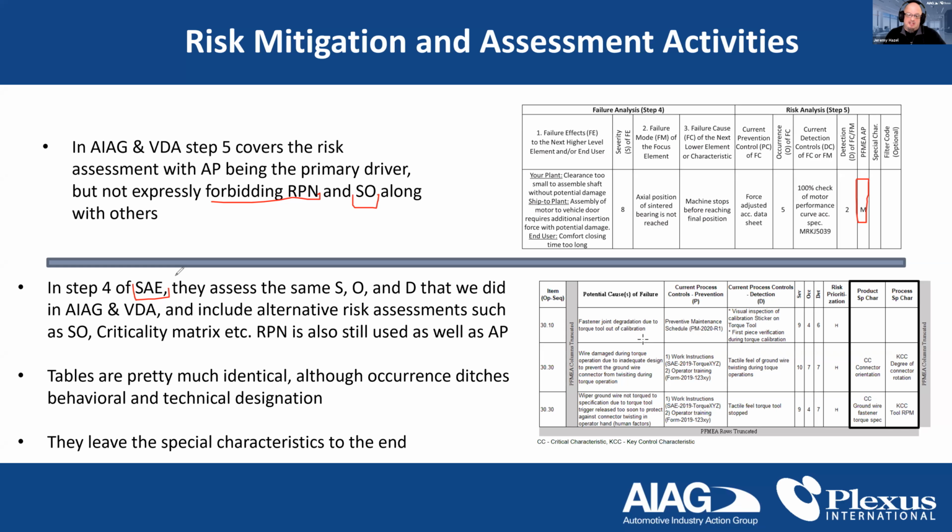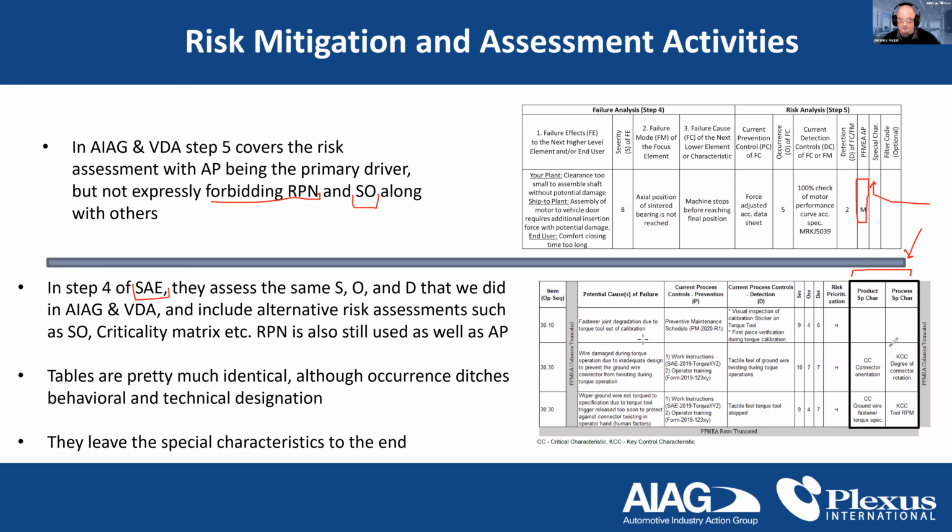And so even the creation of AP or the risk prioritization doesn't forbid the use of other facets for decision making. And one of the things I liked about SAE here is that we have special characteristics in the AIAG method right here. SAE breaks out the product and process special characteristics.